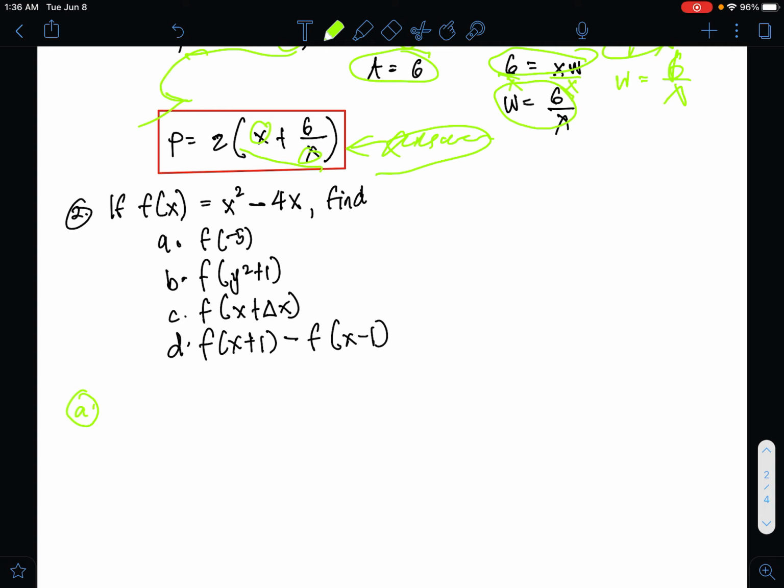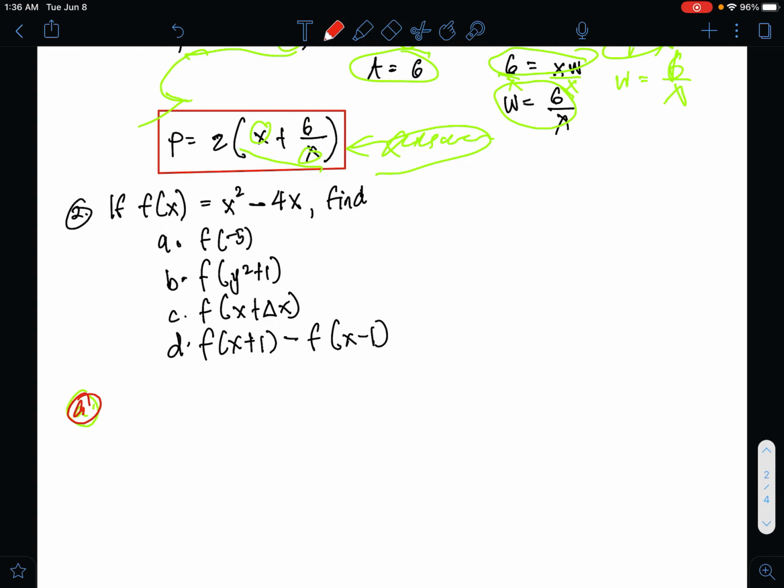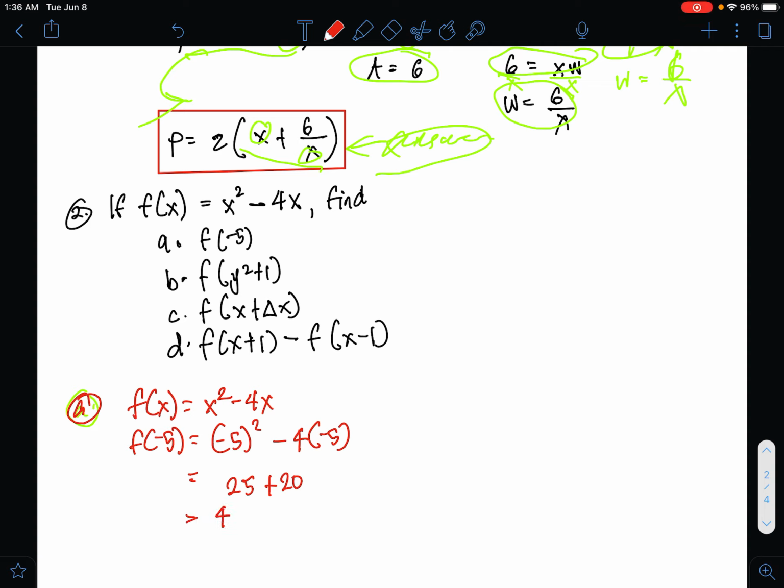Let's answer A. f of x is x squared minus 4x, so what is f of negative 5? Just substitute. That is 25 plus 20. Therefore, this is 45. Don't forget to box your final answer.